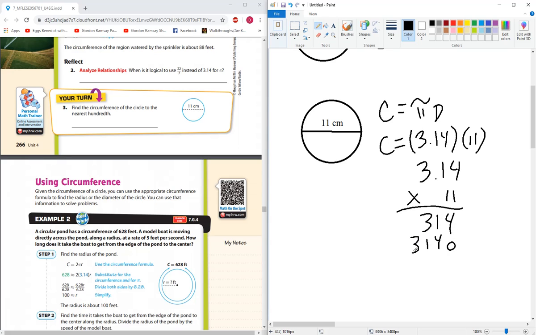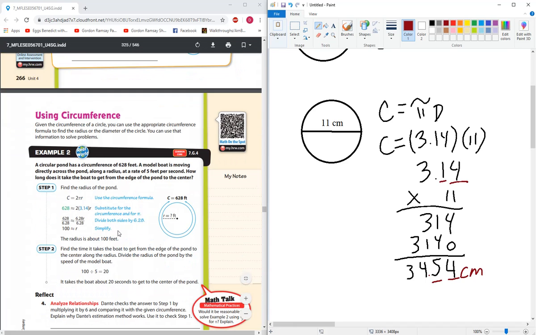If I went a little too quickly there, you can pause it and do the math yourself, but this is how it comes out. Remember that there were 2 decimal places in the problem, so there will be 2 decimal places in the answer. The answer here will be 34.54 cm. Remember, units are very important.